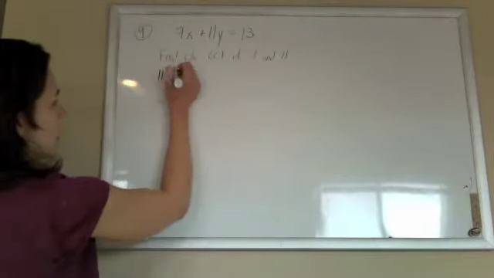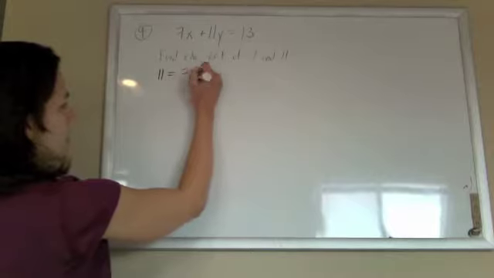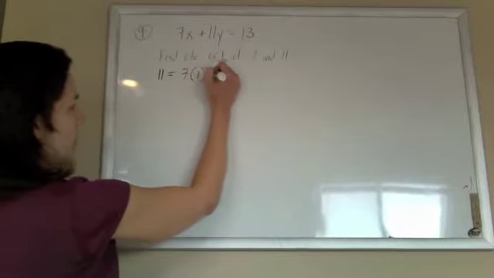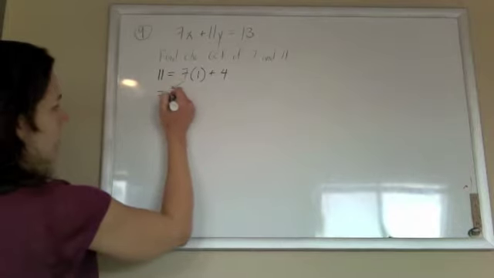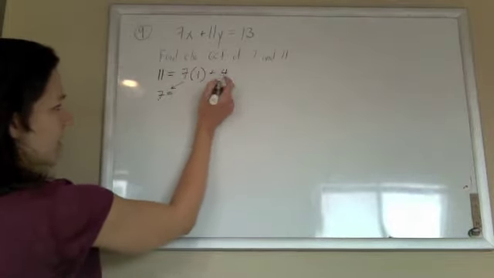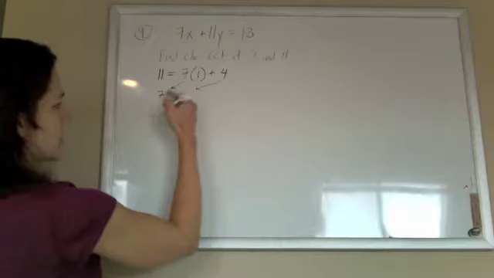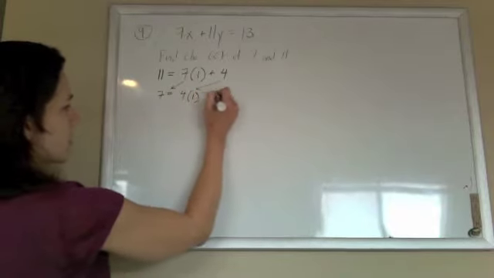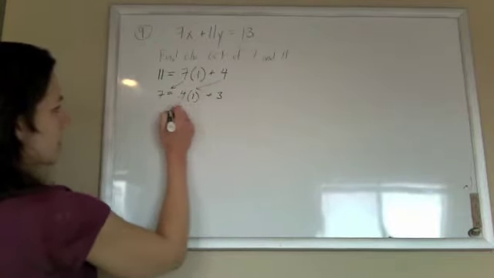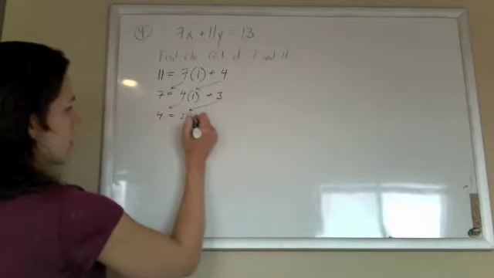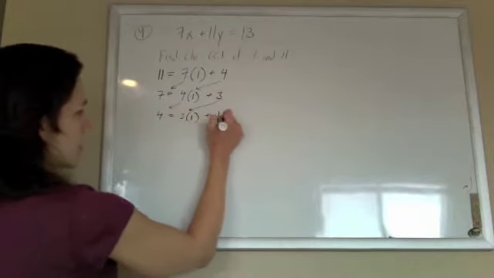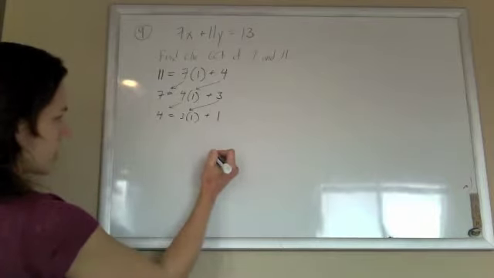I'm going to say 11, 7 goes in there one time with 4 left over. Drag that down, kind of ditch that. 4 goes into 7 once with 3 left over. 3 goes into 4 once with 1 left over.